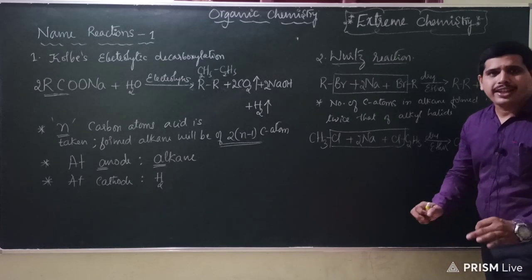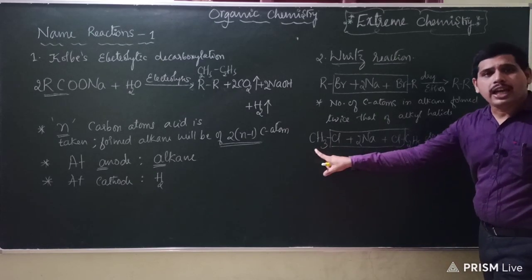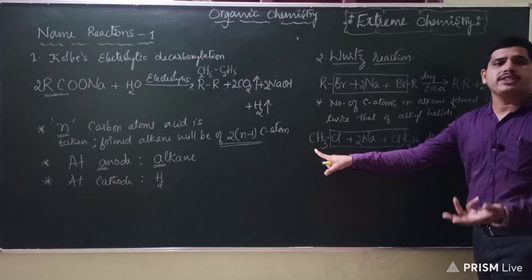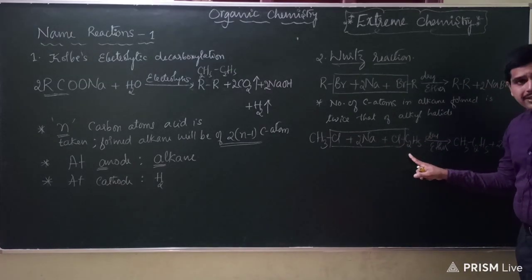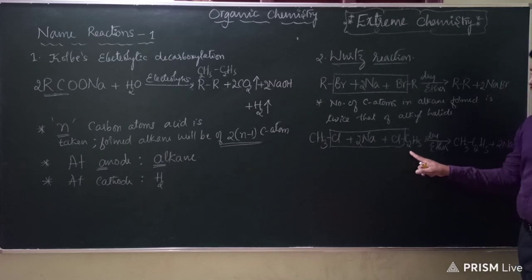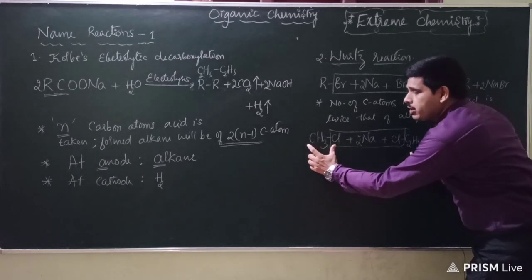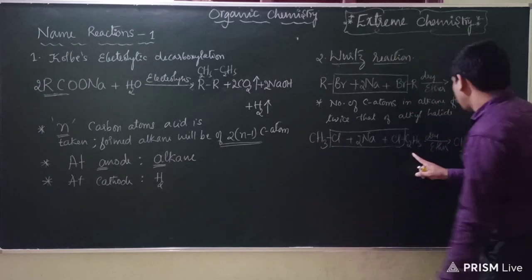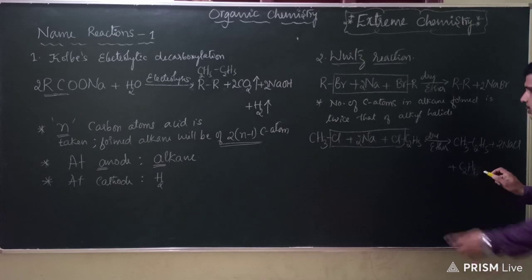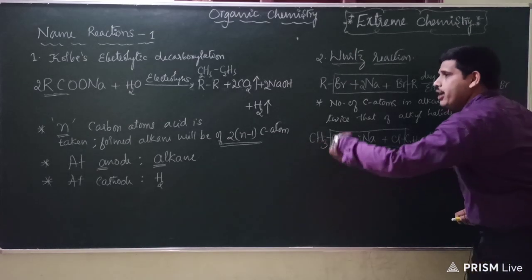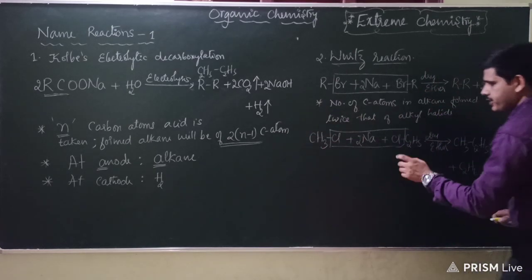I mean to say that methyl chloride molecules among themselves may react, or do react. The same thing is applicable for ethyl chloride molecules as well. Therefore, when two methyl chloride molecules react with each other, the product obtained is ethane, C2H6, because it is CH3 with one more CH3.